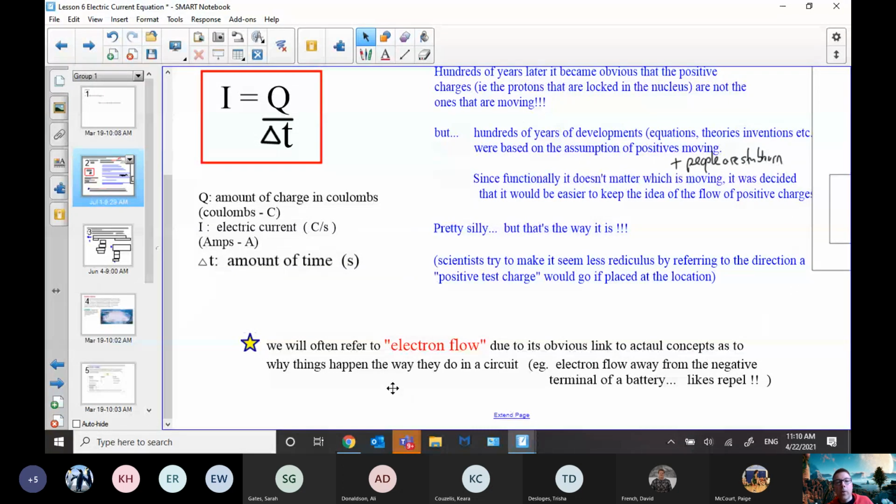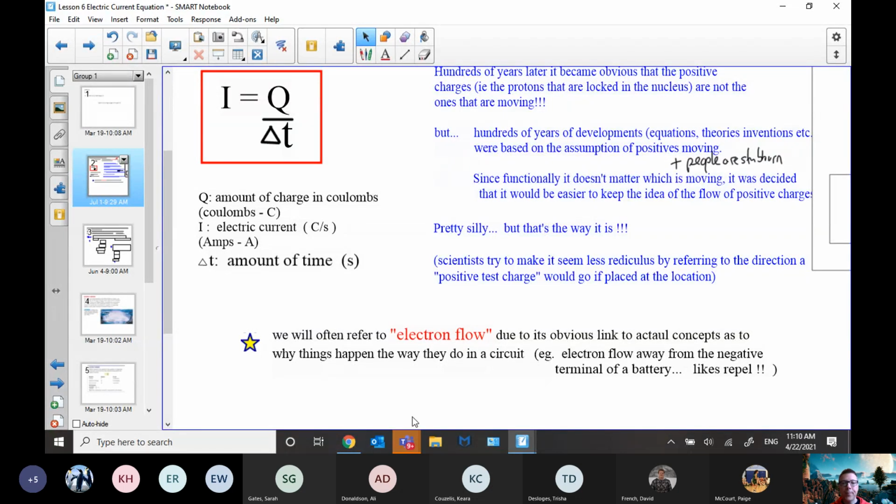So of course, we're going to refer to electron flow, right? Because it's actually what's going on. So I will quite often refer to electron flow. But now basically you're going to start to think of it two ways, right? You're going to think of current as flow of positives and electron flow as flow of electrons. Okay, so they're the same thing essentially, but obviously physically very different things. But they effectively do the same thing in magnetism and electric circuits and so on.